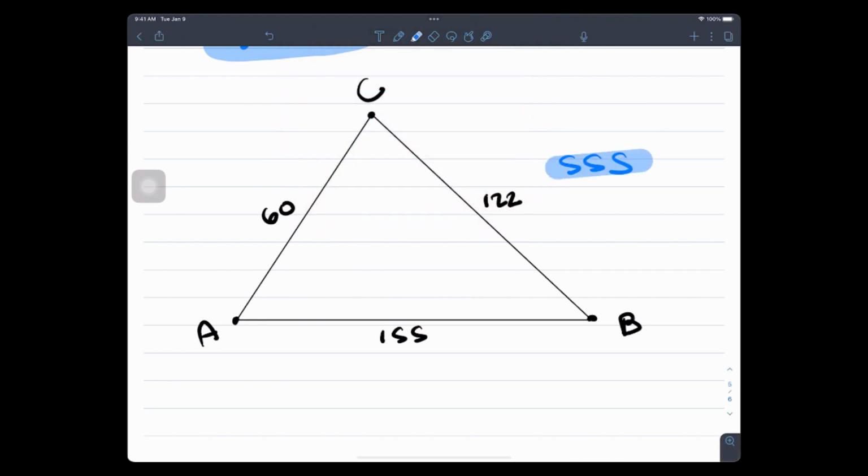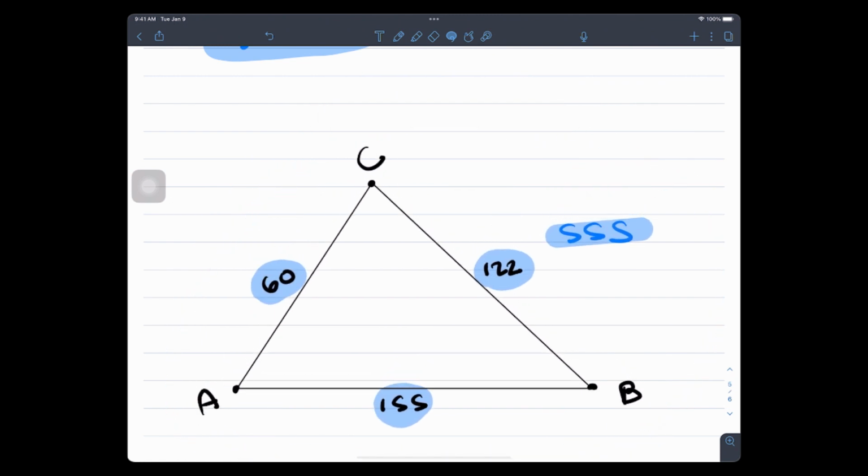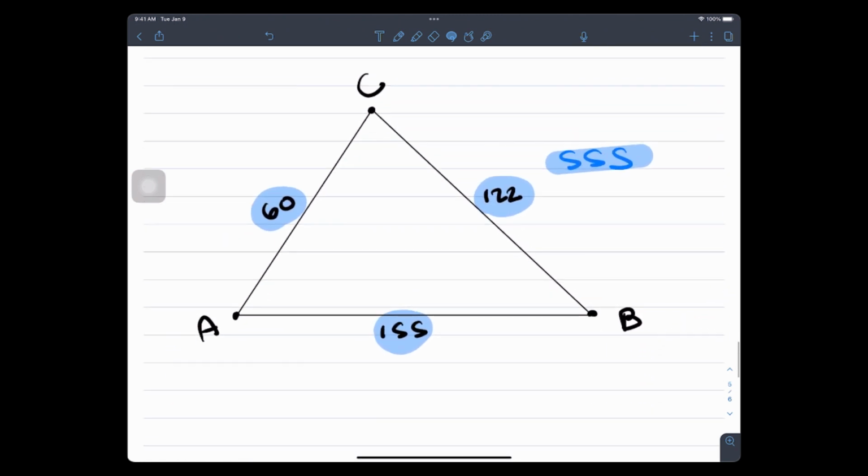What did they give you? They gave you 3 sides. You know the lengths of all 3 sides, but you don't know the angles. So what do you think they're going to ask you to do? They're going to ask you to determine all the angles now.